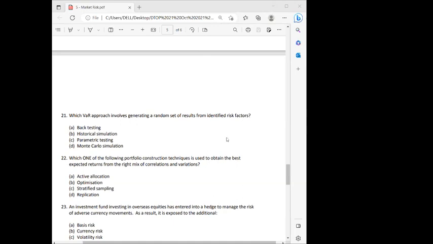Which Bayer approach involves generating a random set of results from identified risk factors? Backtesting, horizontal simulation, parametric testing, Monte Carlo simulation. I think we have discussed this one as well before. It is Monte Carlo simulation. Most of you have given the correct answer. It generates random numbers, the number of iterations you run. So the more you run, the closer it becomes when it comes to accuracy. It's D. Let's go to question number 22.